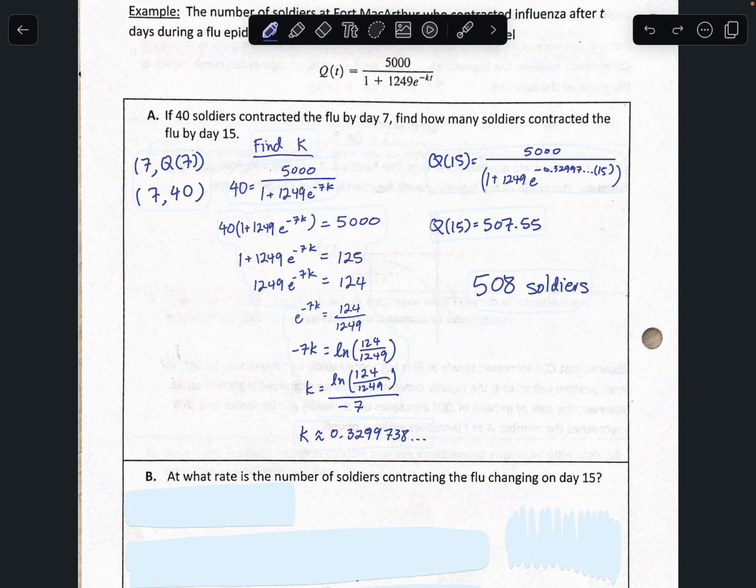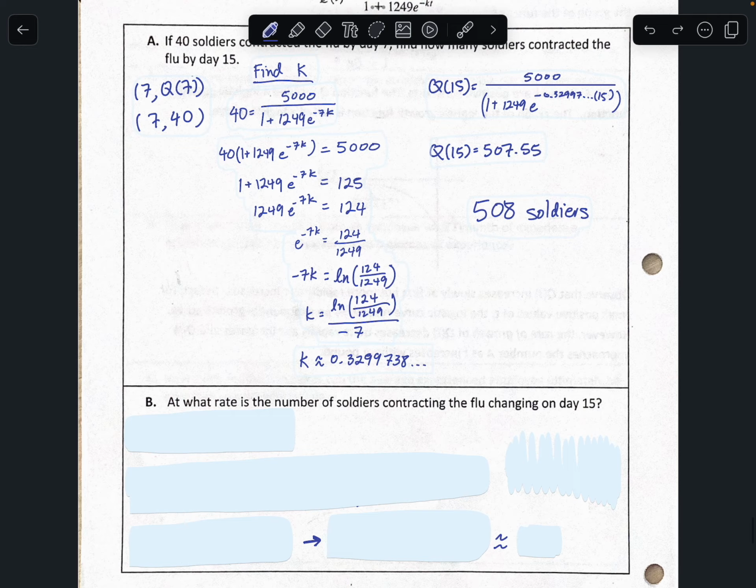I want us to take a moment and try to set up the quotient rule. It's going to look a little bit lengthy, but it's going to simplify nicely so that it won't be as long. Okay, so try to do that. We're going to start with Q with the k value plugged in that we found here. I'm rounding it to negative 0.33.